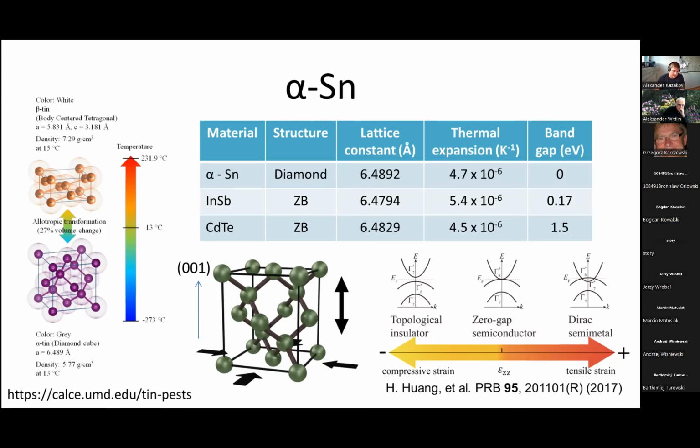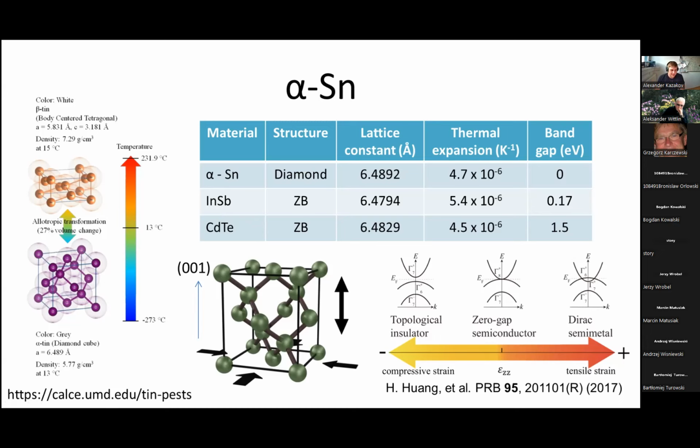And it was shown that depending on the sign of the strains in the z direction, the zero gap semiconductor can go either to topological insulator or to Dirac semi-metal phase.